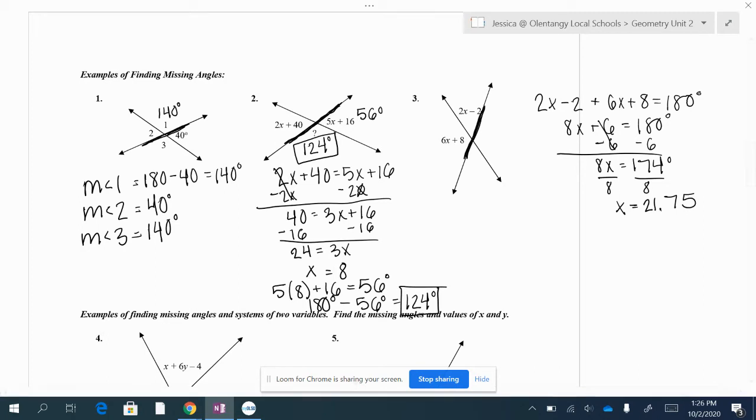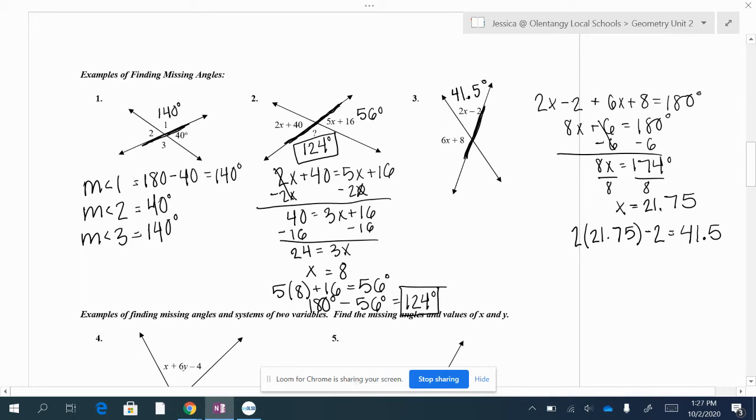Okay, and then to solve for our two angles, I'm just going to plug x back into each of my expressions. So 2 times 21.75 minus 2 is equal to 41.5. So this angle right here is 41.5 degrees.